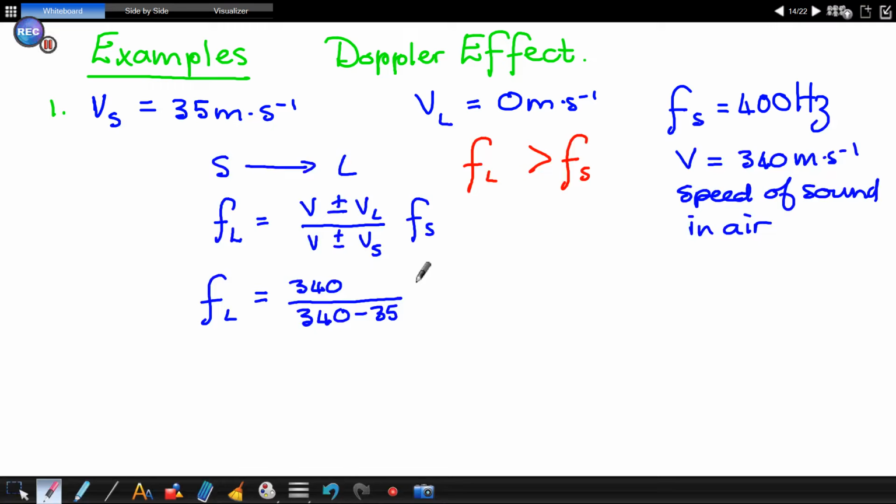And then times 400. Calculate it, please. 445.9 Hertz. Perfect.